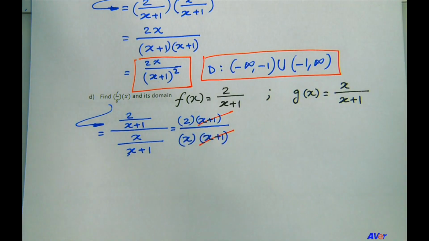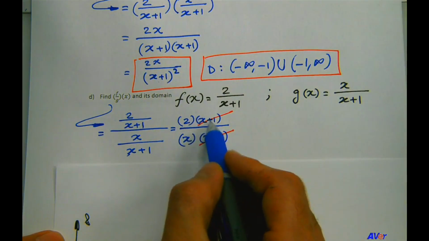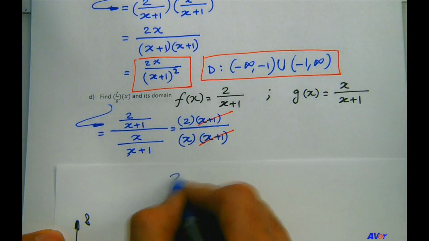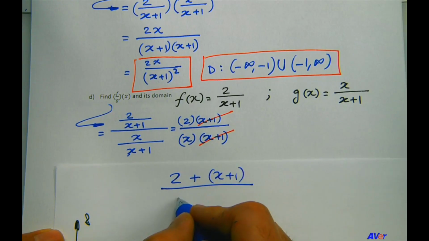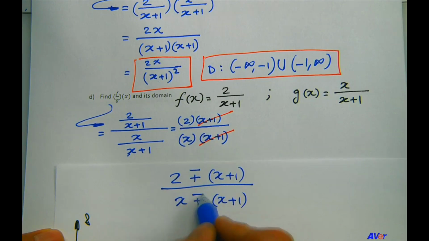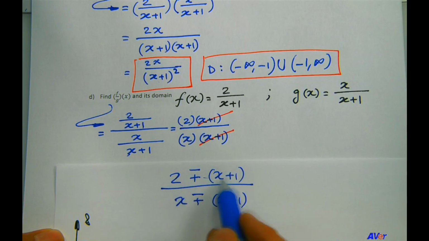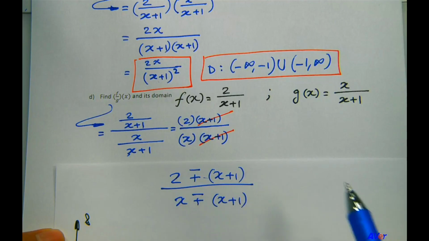Let me say one thing here. The reason we can cancel x plus 1 is because they're being multiplied. But please do not cancel anything like this. If you have something like this, it doesn't matter if it's plus or minus, as long as the terms are being added, we cannot cancel x plus 1 with x plus 1.